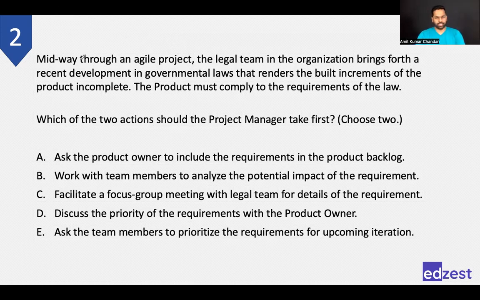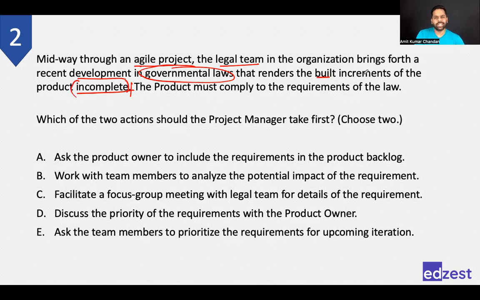All right, so let's discuss this. Midway through an agile project, the legal team in the organization brings forth a recent development in governmental laws that renders the built increments of the product incomplete. So what has happened? We are midway into an agile project, and the legal team within our organization has come and told us that there has been a change in governmental laws, because of which whatever we have done appears incomplete.